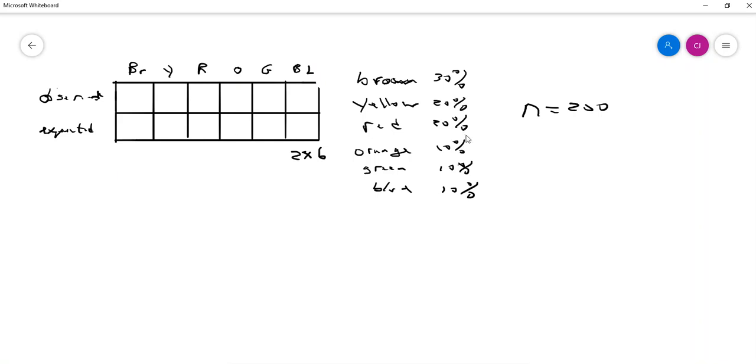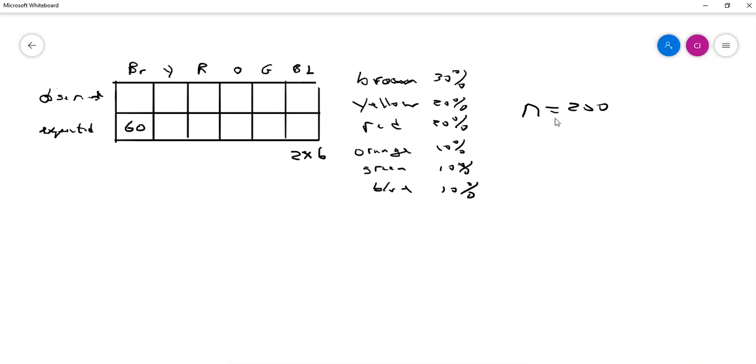So the expected, all right, if we have 200 M&Ms, 30% of those are going to be brown. So 30% of 200, 0.3 times 200. So it's going to be 60. We expect 60 of them to be brown.